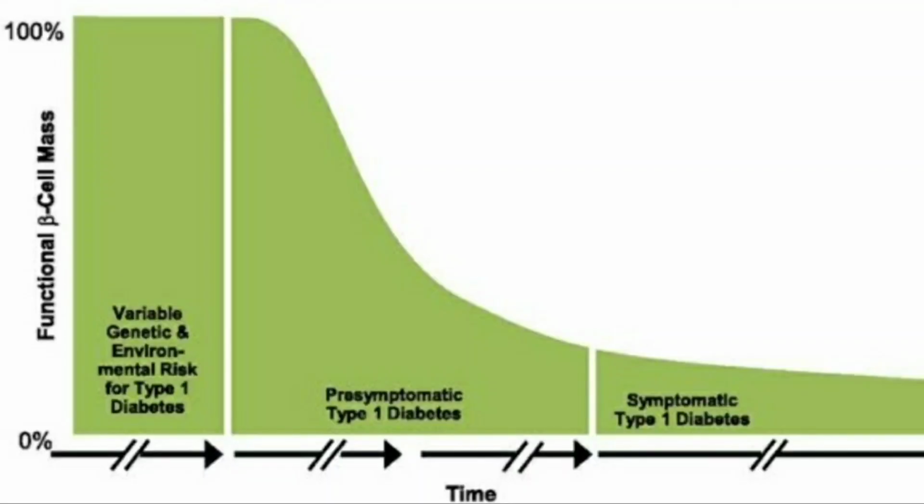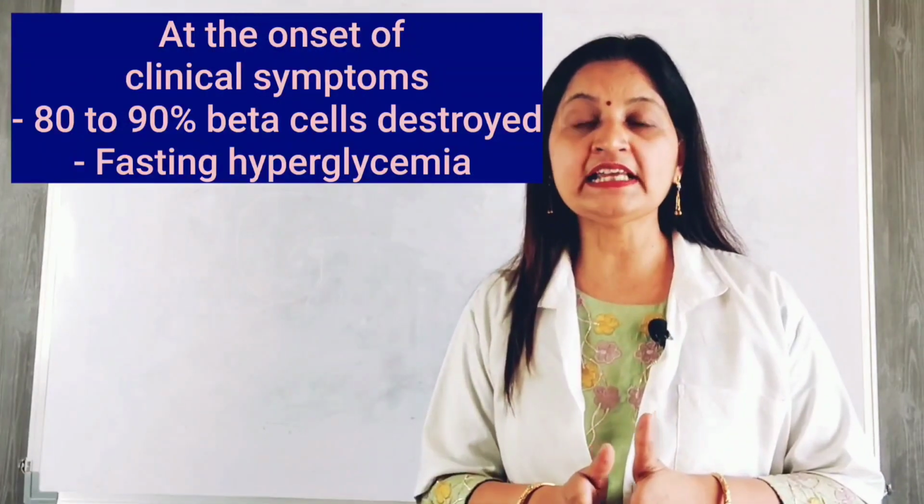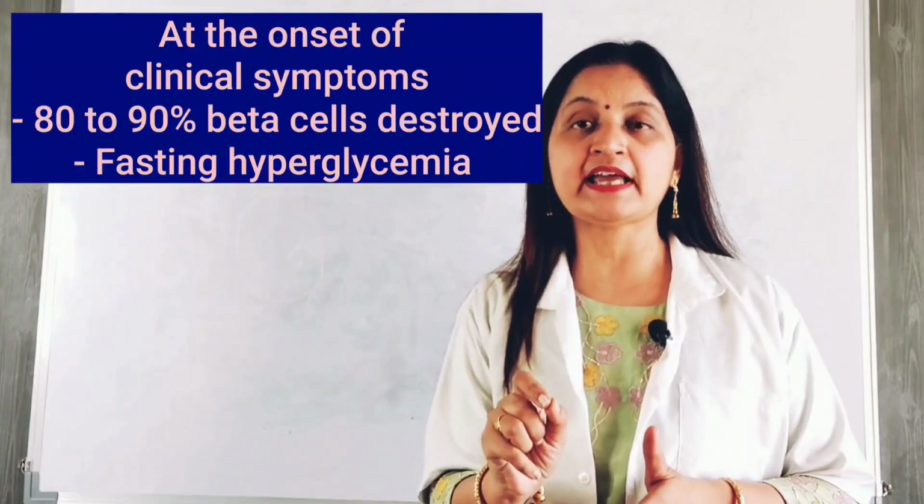So, evidence now exists that the onset of clinical symptoms is preceded by a preclinical period or an asymptomatic period during which the beta cell destruction occurs. So beta cell destruction starts early and occurs gradually over a period of time, and at the onset of clinical symptoms there is fasting hyperglycemia.